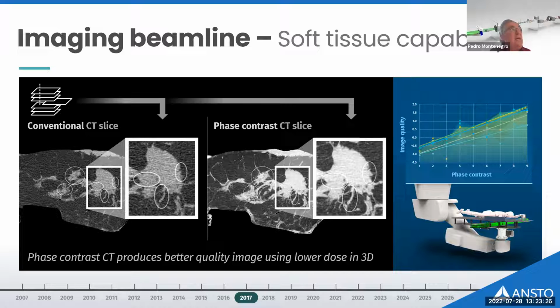To give you an idea, the dose ratio between the non-in vivo work that we do on the beamline and this kind of work on breast is 3 to 4 orders of magnitude, which is how we go from a very dangerous ray to a safe ray for doing clinical imaging.